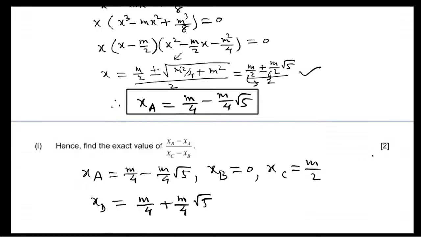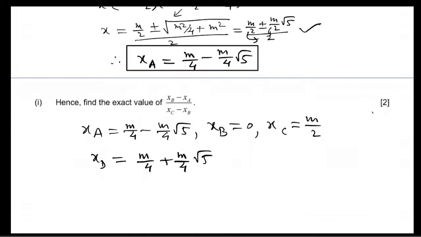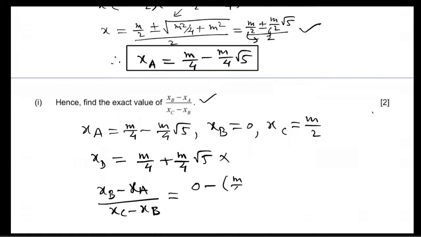So m by 4 plus m by 4 root 5, okay? Now we want to simplify all these, but D is not required, just I wrote, they don't want D. xB minus xA upon xC minus xB. So xB minus xA divided by xC minus xB. xB is 0 minus xA is, just now we have found, m by 4 minus m by 4 root 5, divided by xC. xC is m by 2 minus xB. xB is 0.